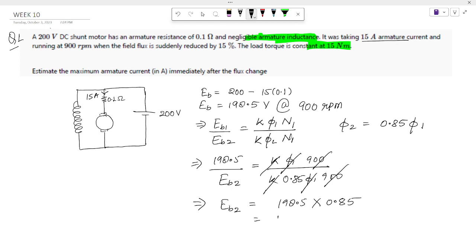Are we getting 168 point something? Right or not? Yes, sir, correct.